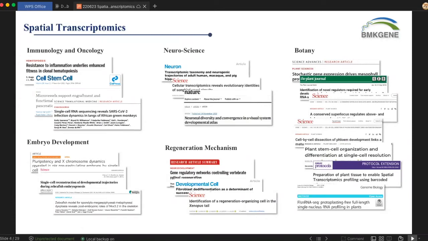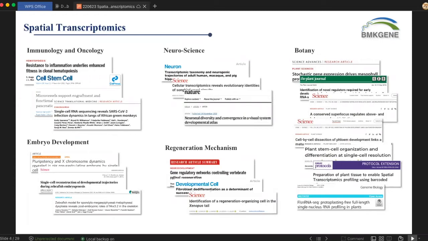For example, when we are looking at the tumor microenvironment and the immune infiltration of the treatment in these tumors. And also in developmental biology studies, we are looking at morphology-related gene expression as well. That's where spatial transcriptomics can help.